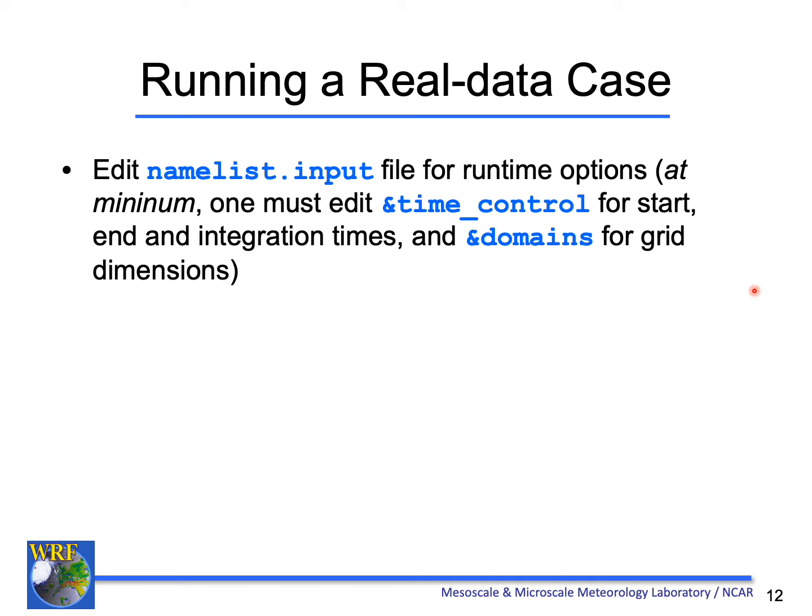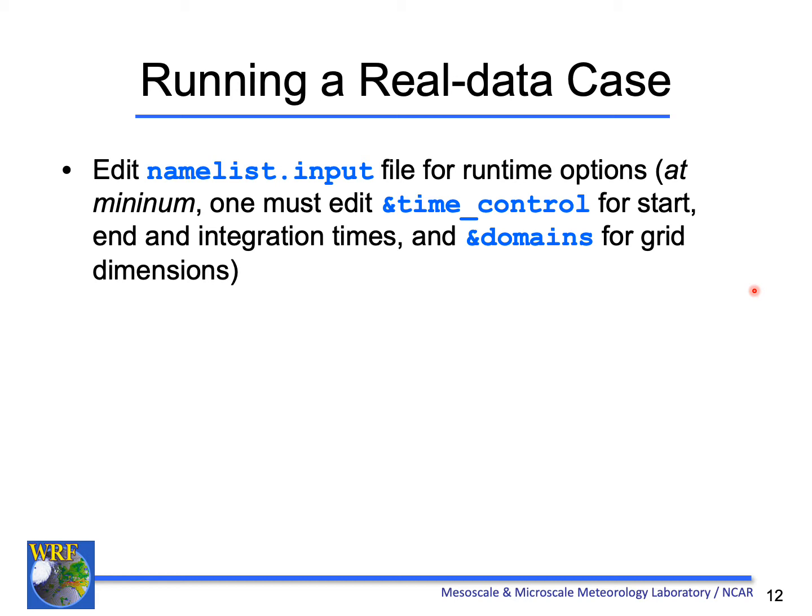The next step is to edit the runtime option file, namelist.input. Since our first goal is just to get the model to run, a minimum set of options to change is start and end simulation times and the model grid dimensions.